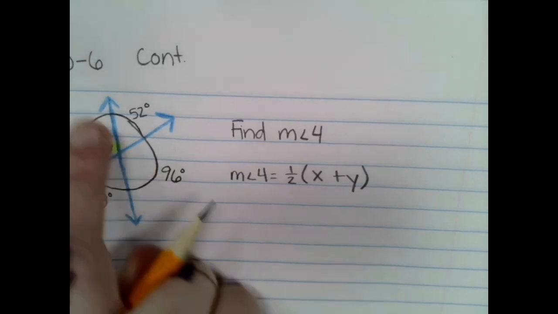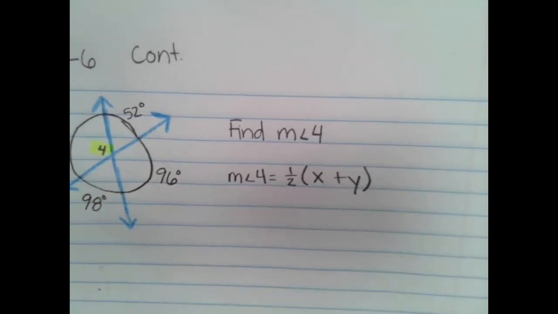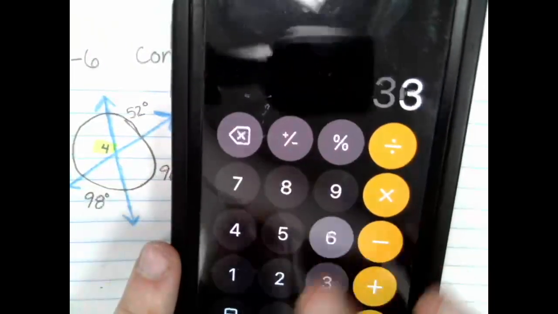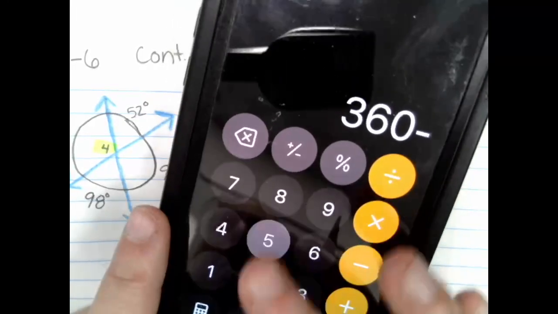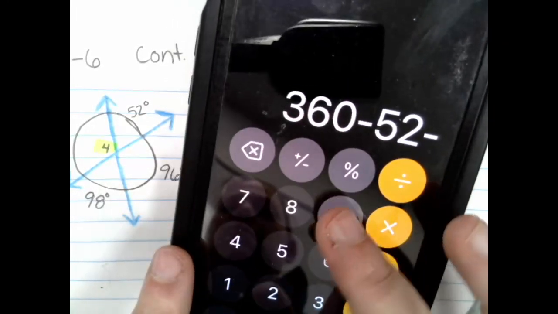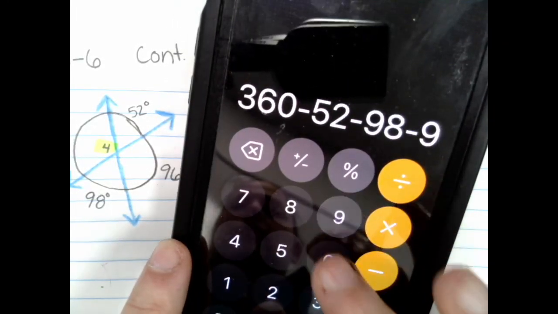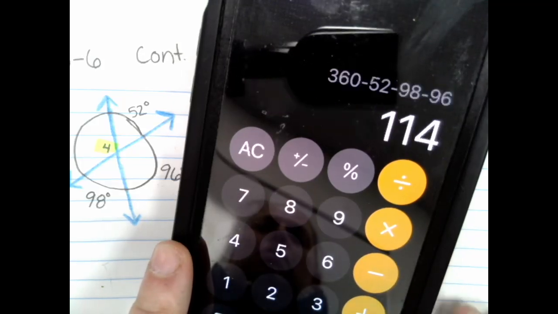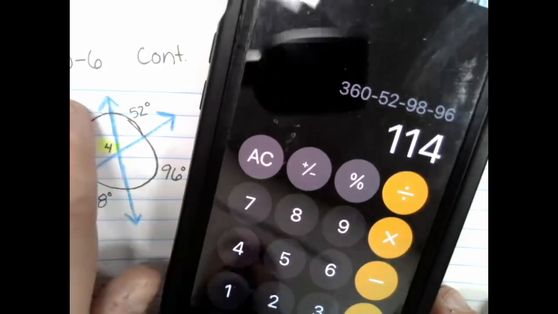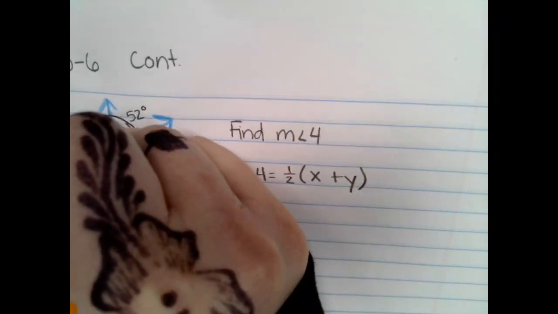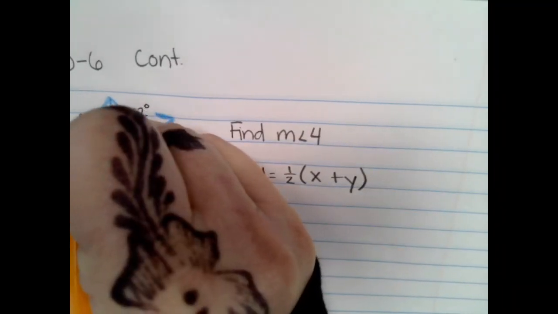Okay. How can I find a missing arc in a circle? We know they all add up to 360. So we're going to take 360 minus 52 minus 98 minus 96. And our answer is 114. So we can label that 114 now. So it is a little bit multi-step. Sometimes you have to find those missing arcs.